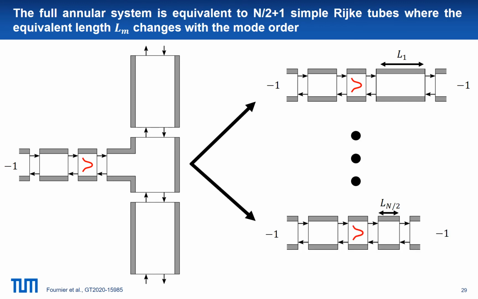So instead of having a complex outlet boundary condition, we now obtain simple ducts and an open end. The models differ only by the length of their equivalent duct. So for low azimuthal order, we have rather long ducts, and for higher azimuthal order, we have shorter ducts.